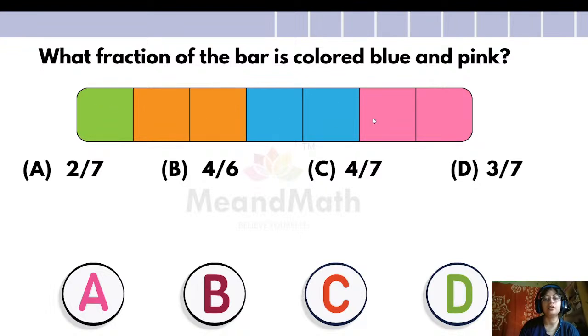You can see a bar over here, divided into some parts and colored with many colors. Your options are A 2 by 7, B 4 by 6, C 4 by 7, and D 3 by 7. Choose the correct option and quickly type it in the chat box.